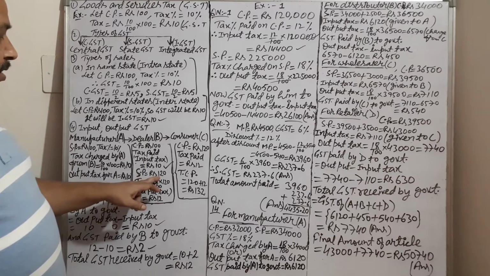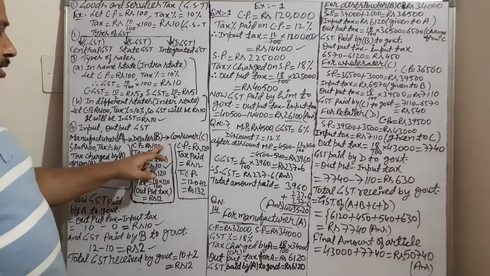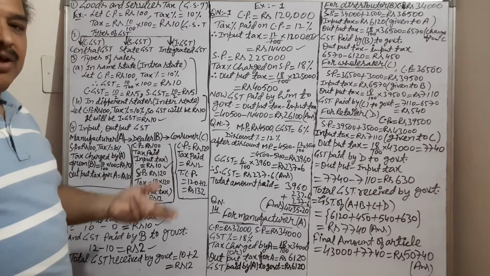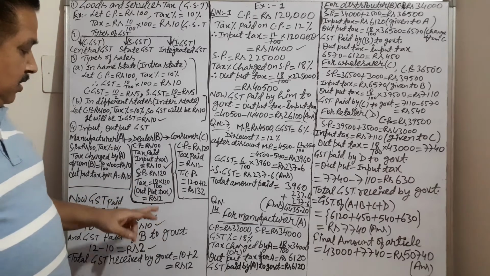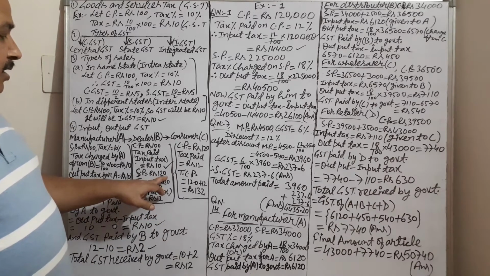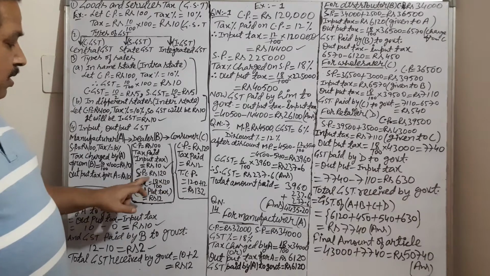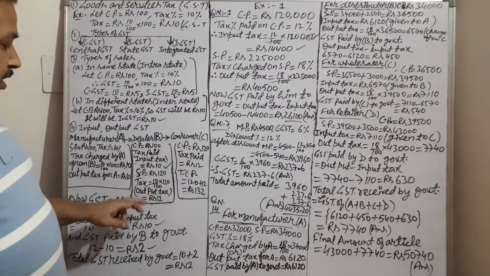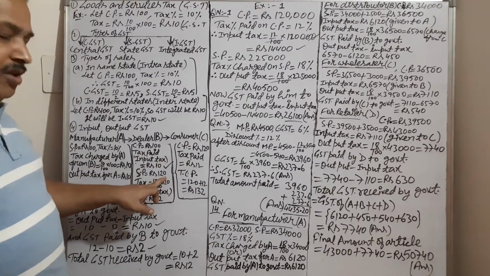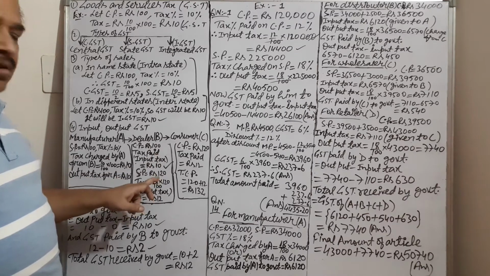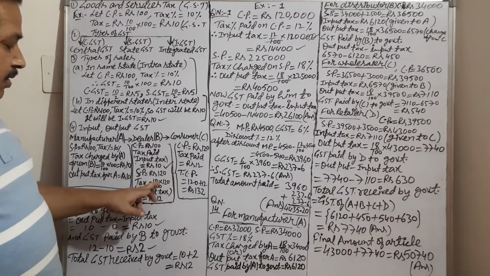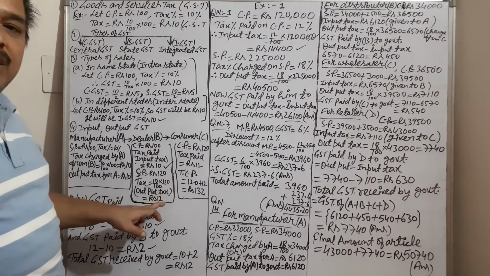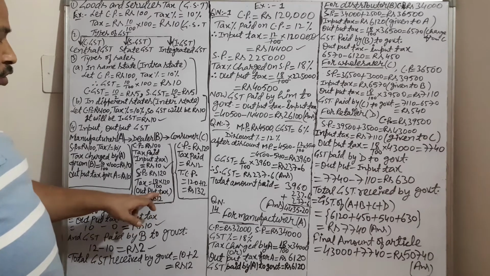And now the selling price, suppose the cost price is 100, the selling price will obviously be more than 100. So suppose the selling price is 120. So he is selling to the consumer at 120. So B will charge tax from the consumer, 10% of 120. It will come to rupees 12. It is called output tax.